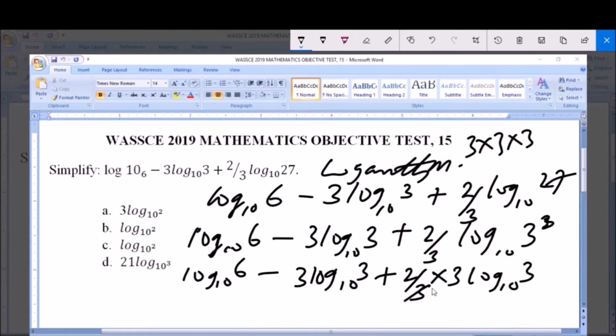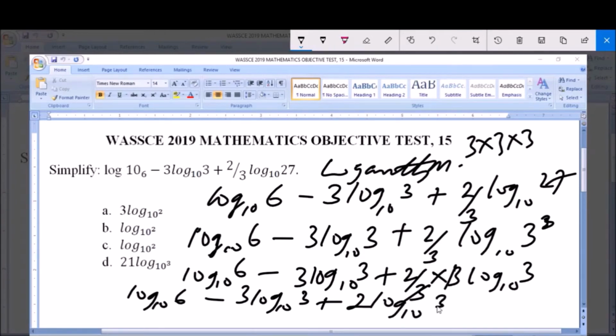Now this 3 cancels this 3, so we have 2 log 3 base 10.